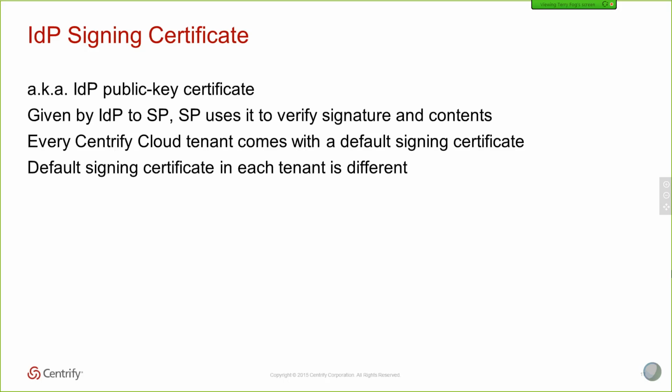After they set their own cert, when they click on Download Signing Certificate, that link will generate the public key certificate of their certificate. When they upload it, they enter the private key, but the public key part can then be generated by clicking the Download Signing Certificate link. So to set up single sign-on, the signing certificate is one of the required things that the IDP has to send to the SP.